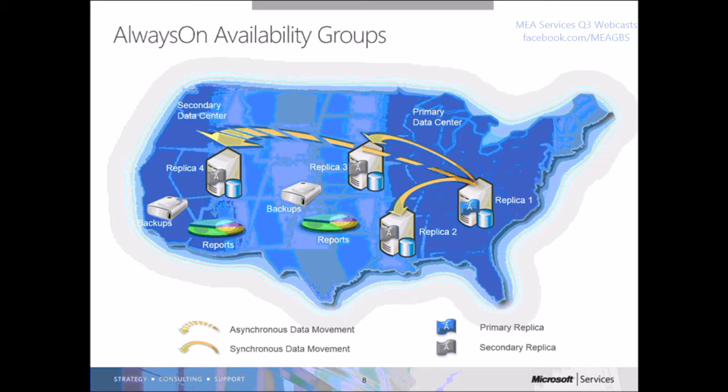Apart from that, we can also take backups and run reports on the replicas rather than running these things from the primary replica. So this is probably an often used example to show how AlwaysOn groups work in 2012.